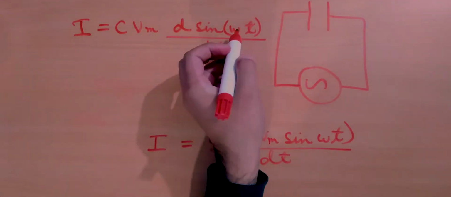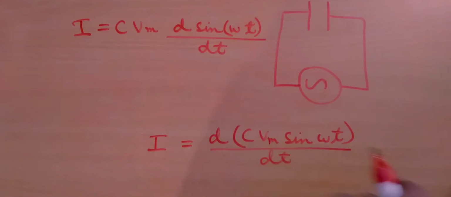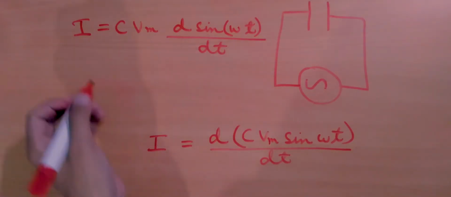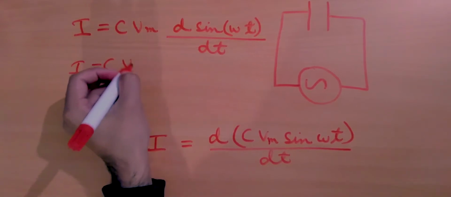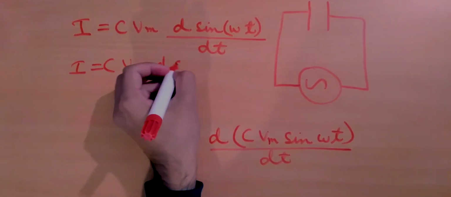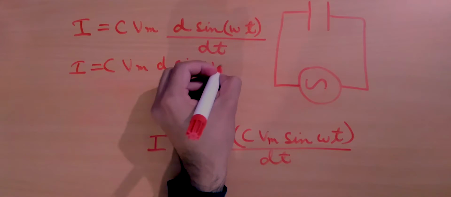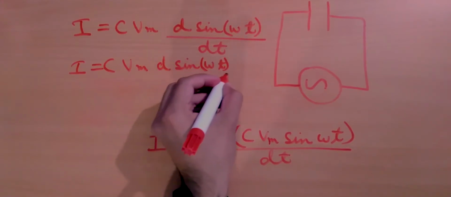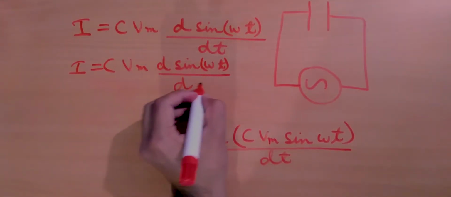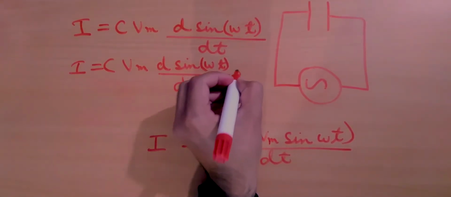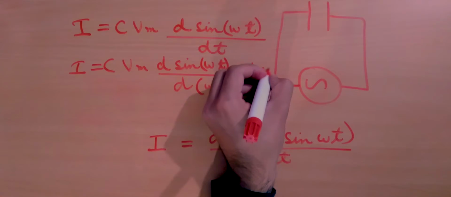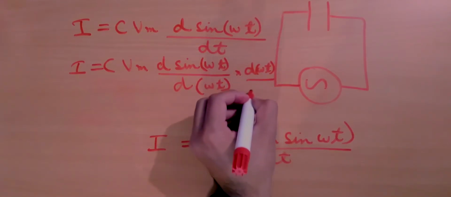But what I can do is apply the chain rule. I'll just show you how that's done. I can write the whole thing as C Vm times the rate of change of sine of something. First let me differentiate it with respect to that something, omega t, and then I can multiply this with d omega t by dt.